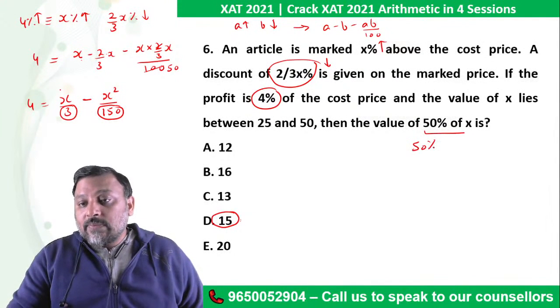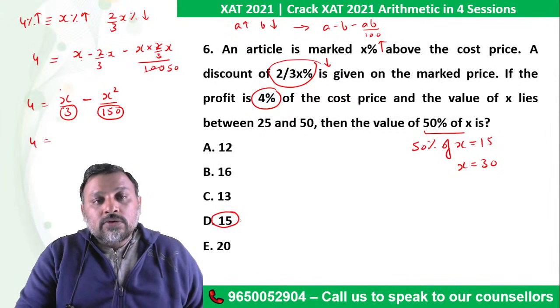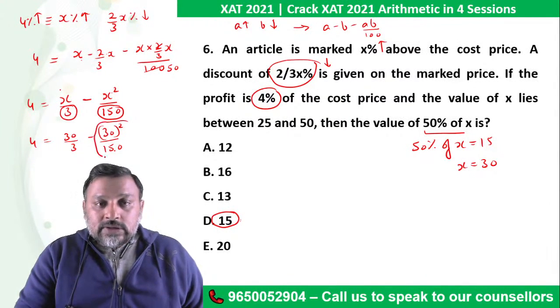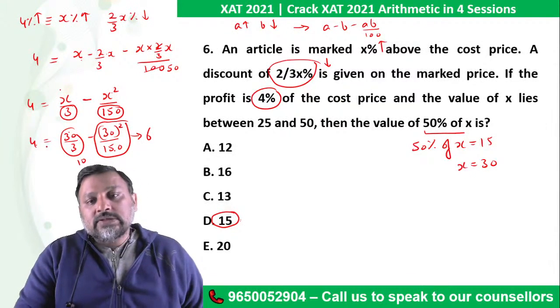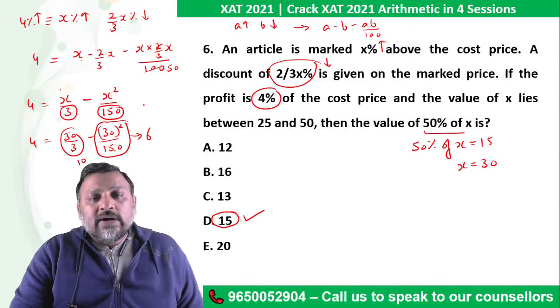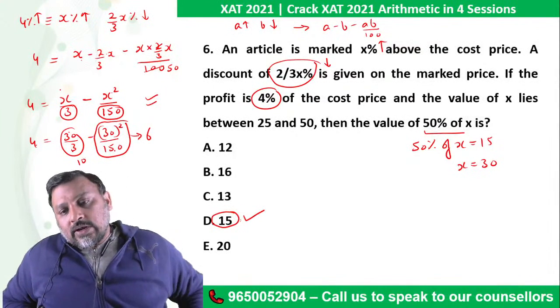So if 50% of x is 15, that means x is 30. So check with this value. This is 30 by 3, and this is 30 square by 150. So this is 900 by 150. So this thing is 6, and this we know is 10. So the difference is 4, so it has to be this answer. So there is no need to solve this quadratic equation because it would be a time consuming process. So you can avoid this.